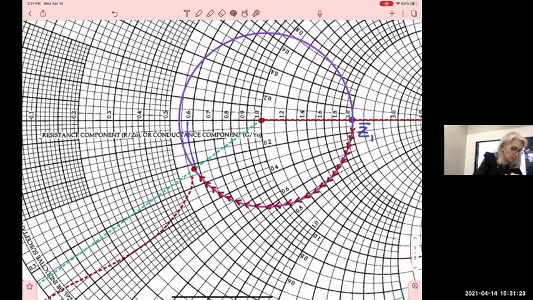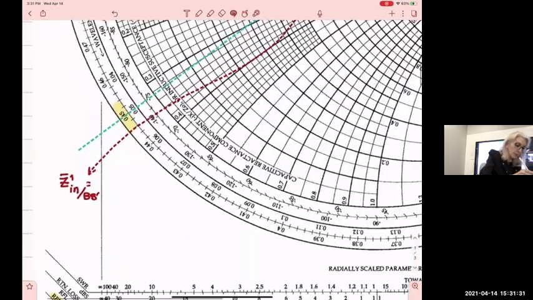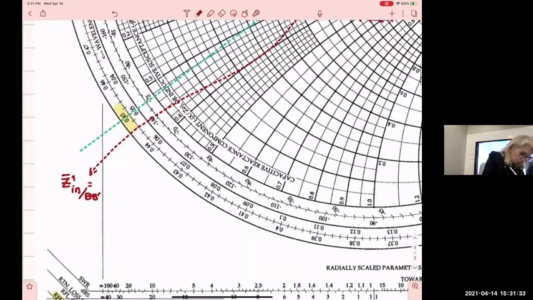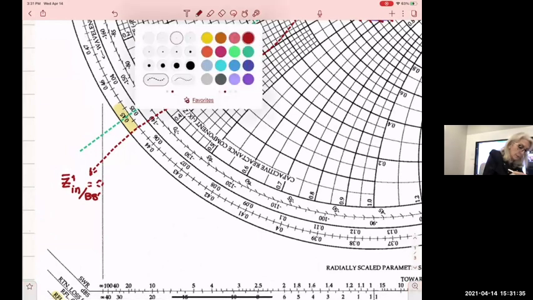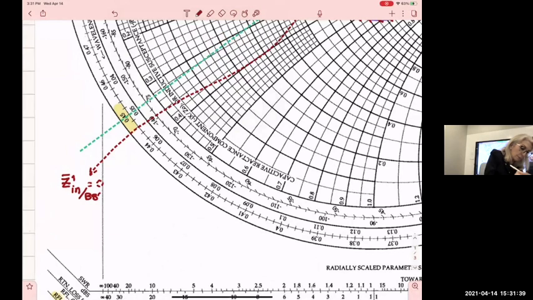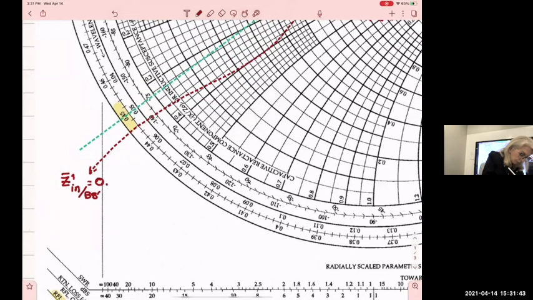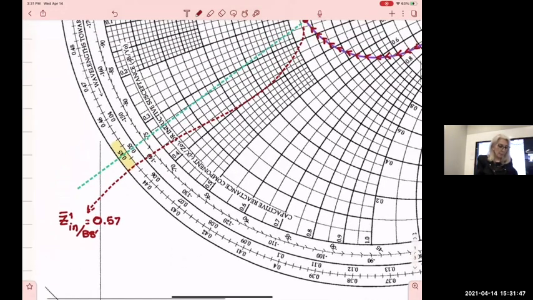So it's gonna be 0.55, and probably that's gonna be 0.57. So it has a real part, which is 0.57, and then has an imaginary part.